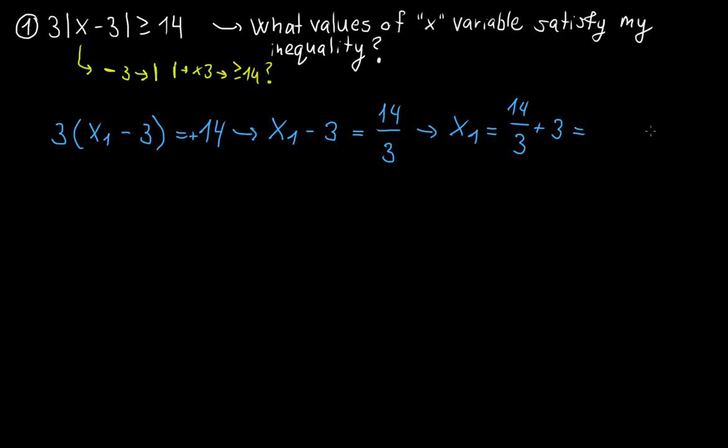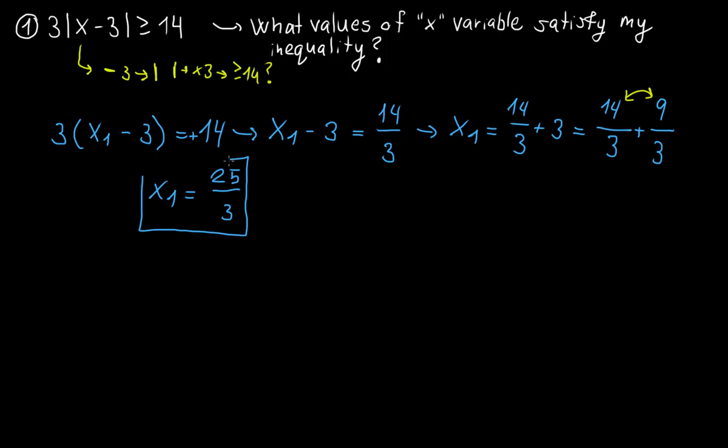Now, how do we solve this? We need the same denominator, so this will become 9 over 3. Now, 14 plus 9 is 25. And our first point, it can be a fraction, is 25 thirds. That's our first point on our number axis. I think I'll draw the point right now since it will fit.